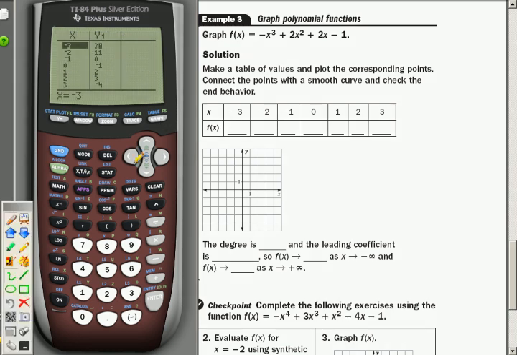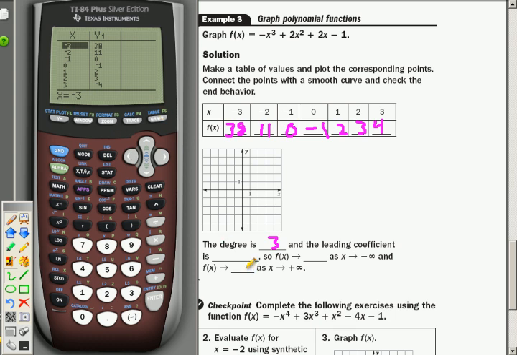I can fill in all my blanks. 38, 11, 0, -1, 2, 3, 4. And then I just graph each of those points and I draw a nice smooth curve through all of those points.